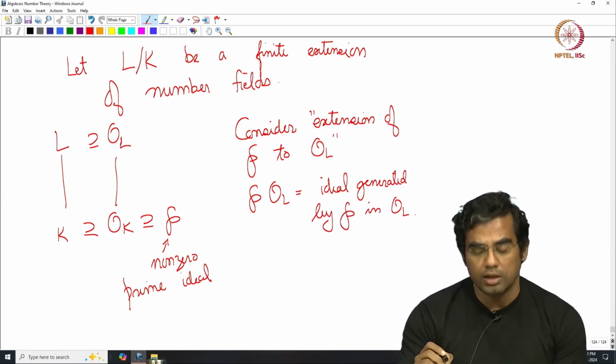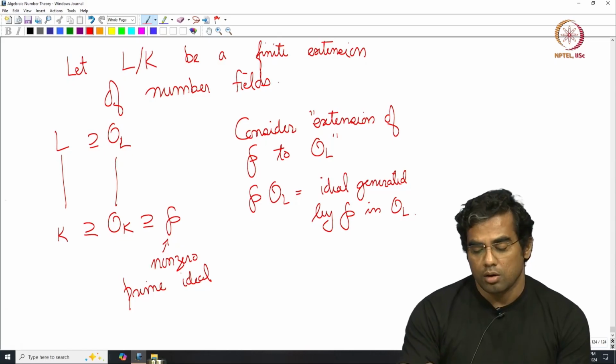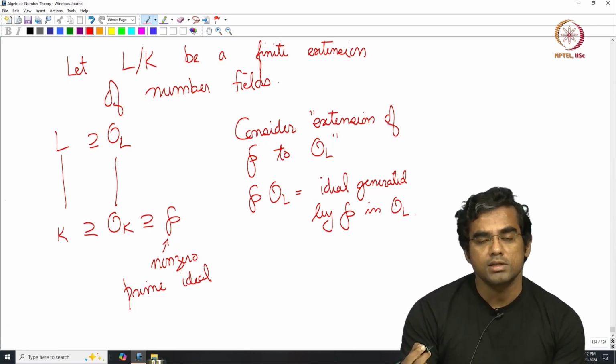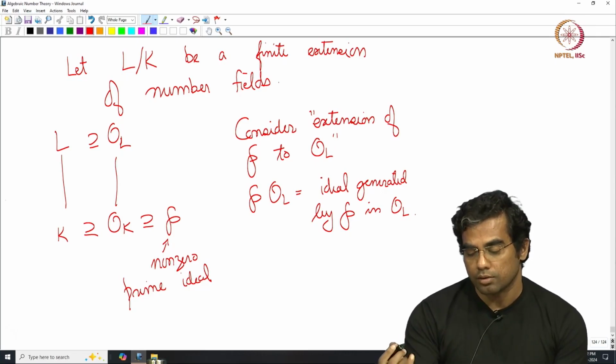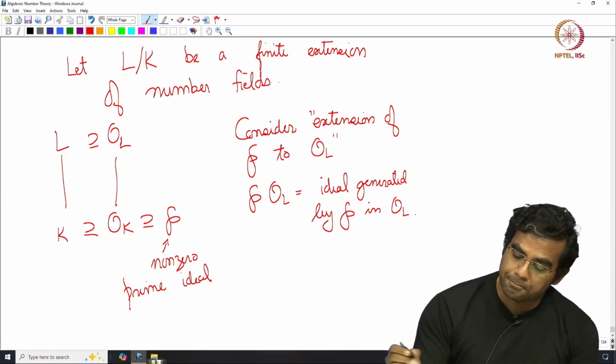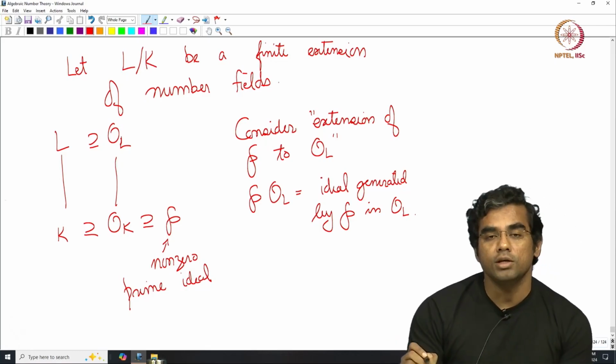P was a prime ideal downstairs in OK. I take the ideal generated by P in OL. This need not be a prime ideal at all, right. It does not have to be a prime ideal, but it is a non-zero ideal.